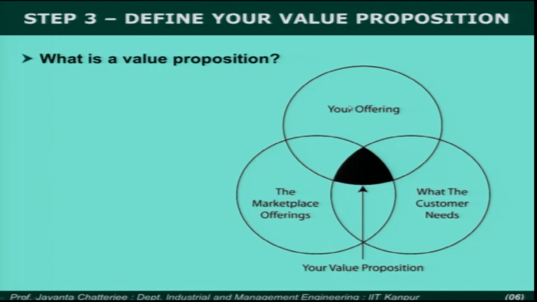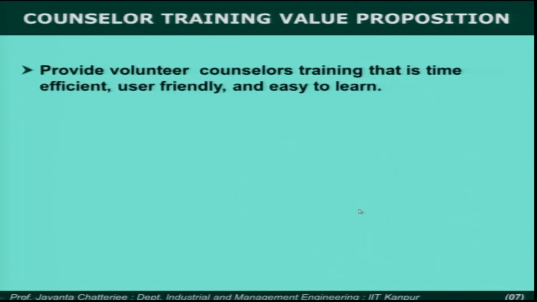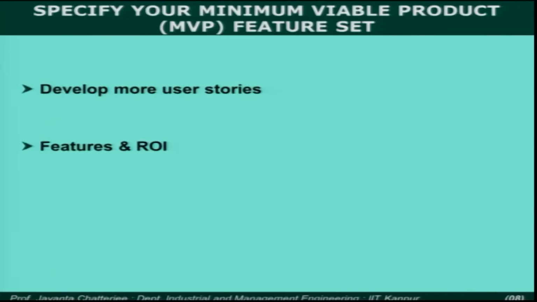So, your offering is not only the value proposition, there will be so many other things in your value proposition, but you are trying to find within your offering definitely issues that are not covered well by the current marketplace offerings and what the customer needs. All three intersection gives you the core value proposition on which your service will be designed. So, the counselor training value proposition is: provide volunteer counselors training that is time efficient, user friendly and easy to learn. Okay. Given that, specify your minimum viable product.